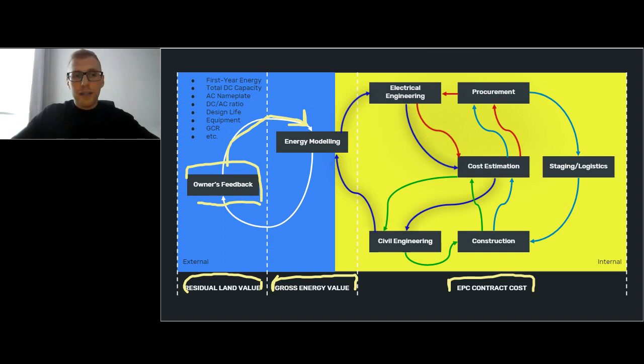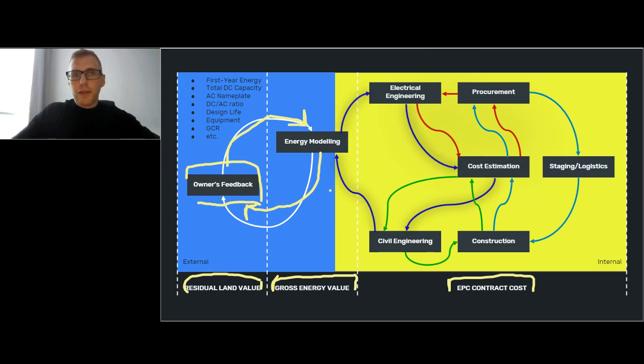And basically the very classical conversation looks like, okay, look, we have this parcel of land and we want to build this capacity PV farm. What can we do? And so this is the first feedback loop. This is what's happening between owner, developer, and EPC contractor. And there are many other internal feedback loops which are happening inside the EPC contractor between those guys. So we're going to talk about that in detail a little bit later.